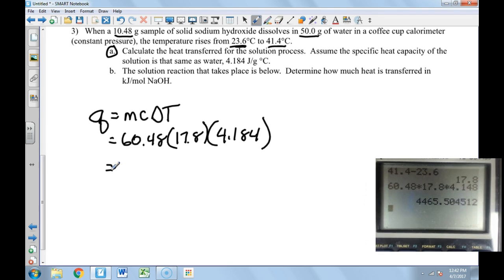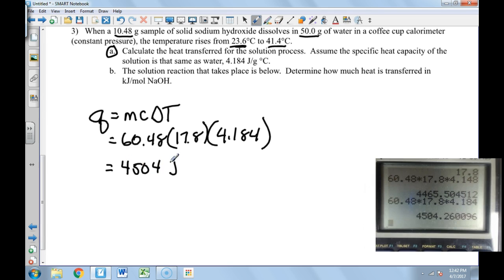Okay, make sure I plugged everything in correctly. Oh, that's what it is. And so that answer is 4504 joules.